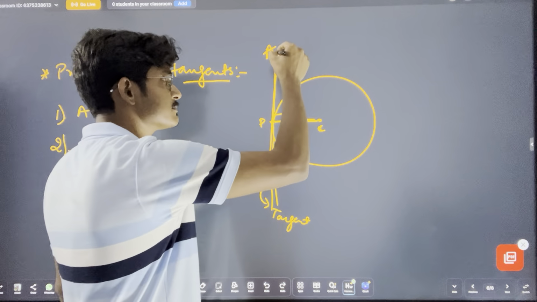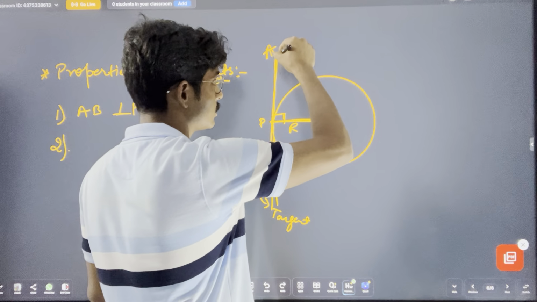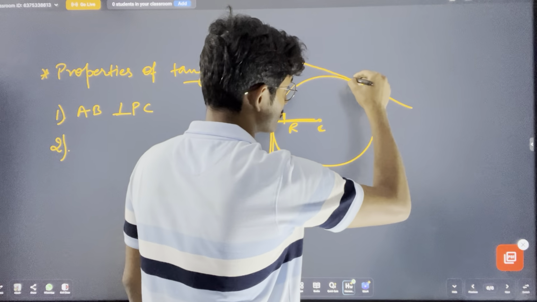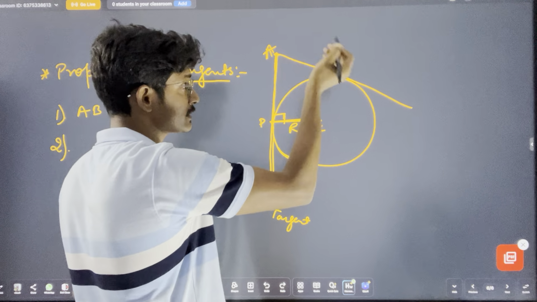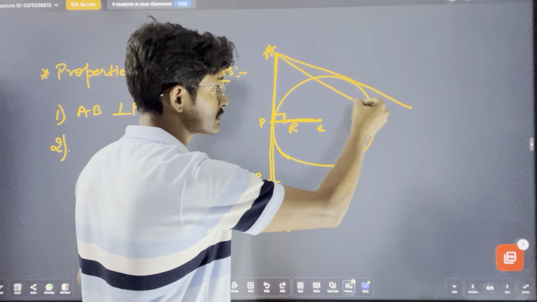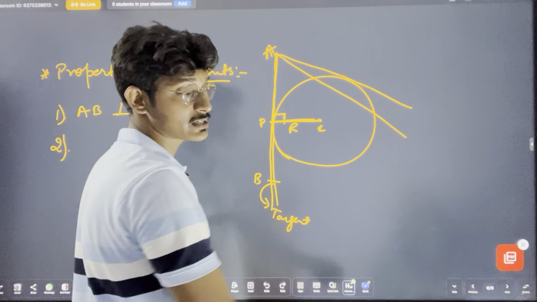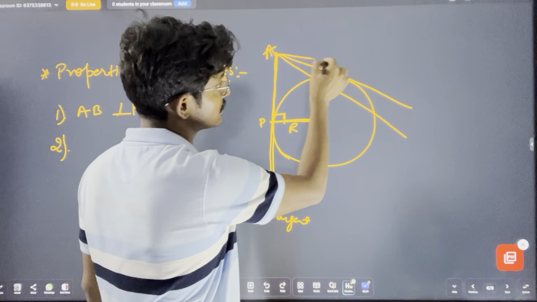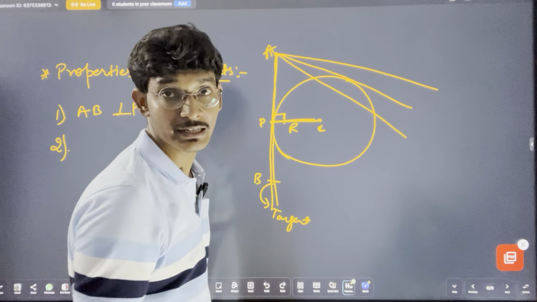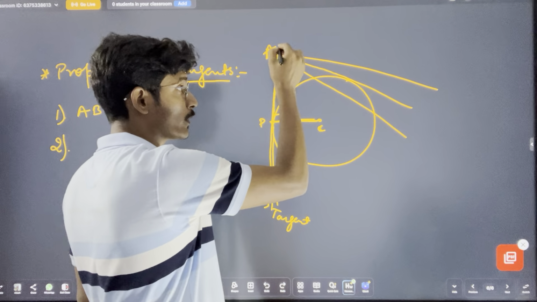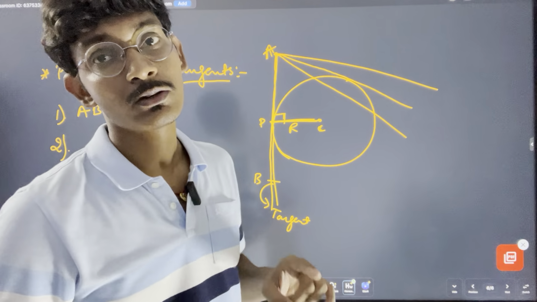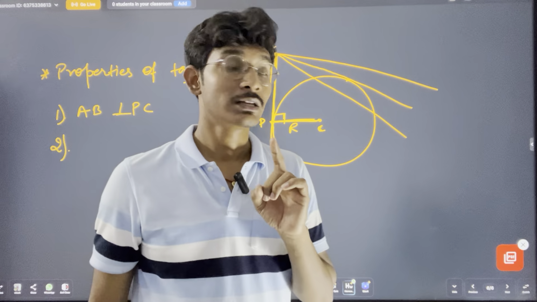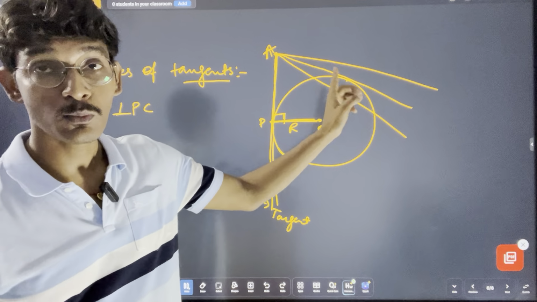I am saying you can draw only one more tangent. If you try to draw another line, it will intersect at two different points, and this is not going to be a tangent. Even if you go beyond that, it will cross the circle, it will not touch it at any point. So from this point, there is only one more tangent.